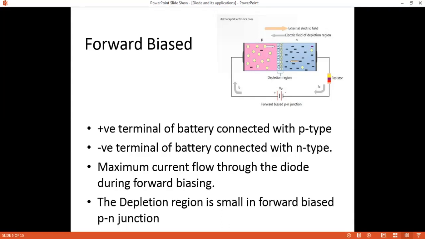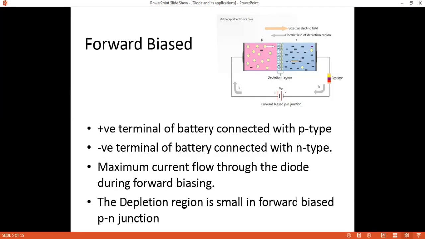That is why it is called the forward bias. Please remember, in the case of forward bias direction, the depletion region is very small, so the current is flowing. That is the forward bias voltage.